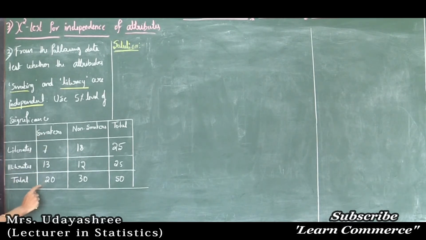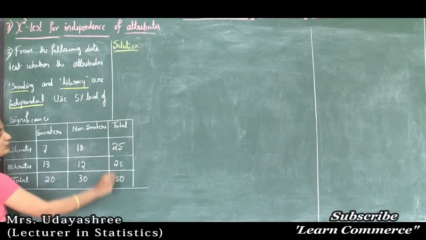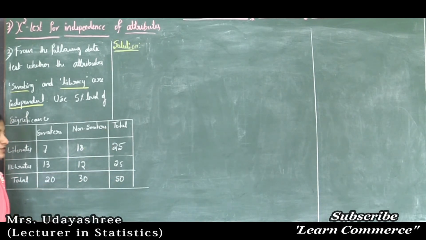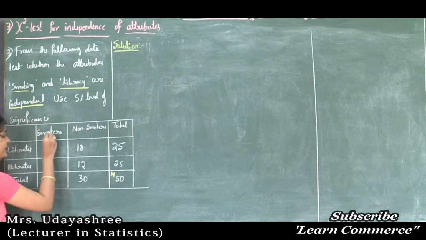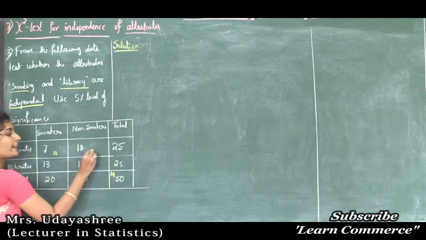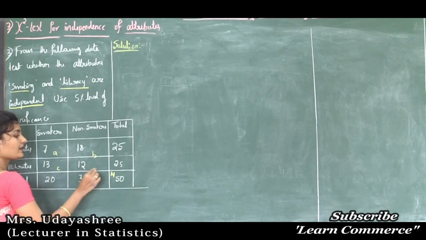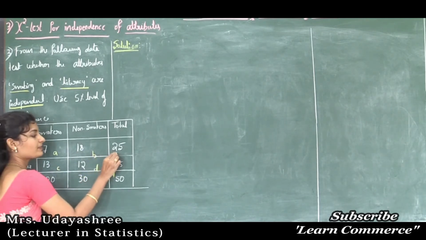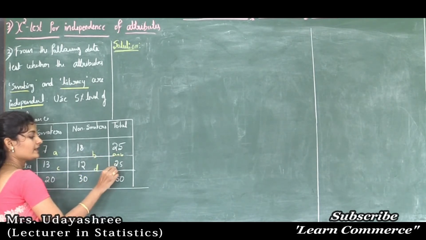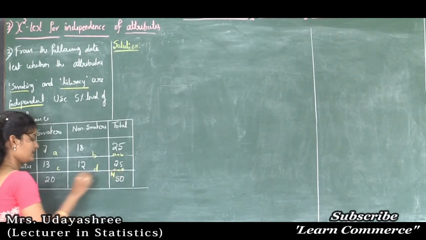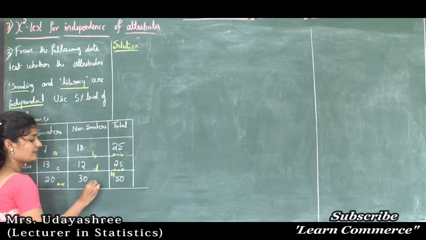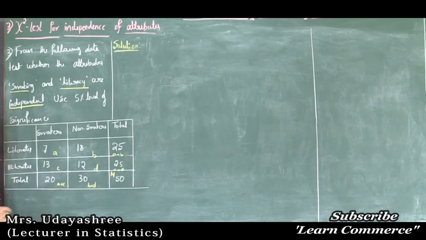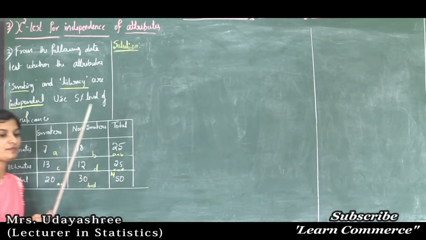Smokers total is 20, non-smokers total is 30, and overall total is 50. So 50 is capital letter N, and here we have A, B, C and D, with A plus B, C plus D, A plus C and B plus D as totals. These are the given information in the question.